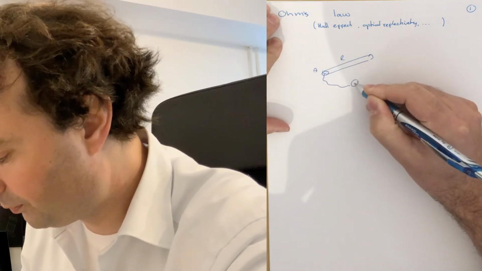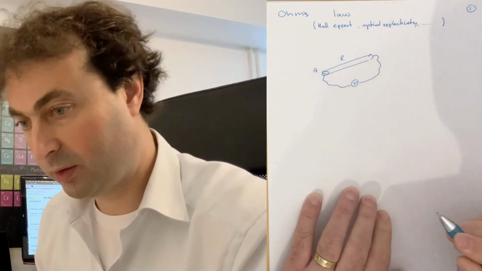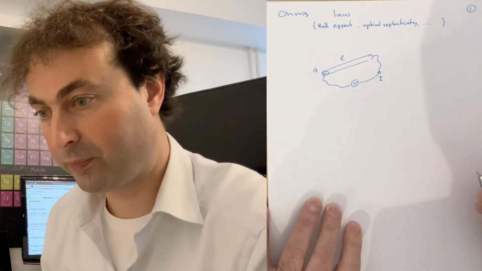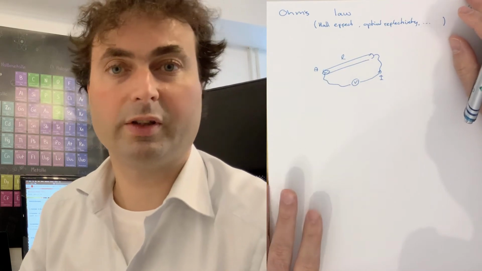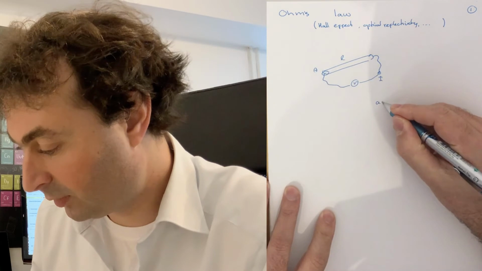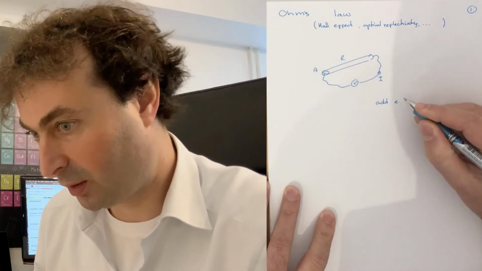So when we want to describe the conductivity of a material, we have a rod with length L, thickness A, area A where the current flows through because of a voltage. Now in quantum mechanics we want to describe this system by the Hamiltonian of the system. So to the Hamiltonian we add an electric potential.